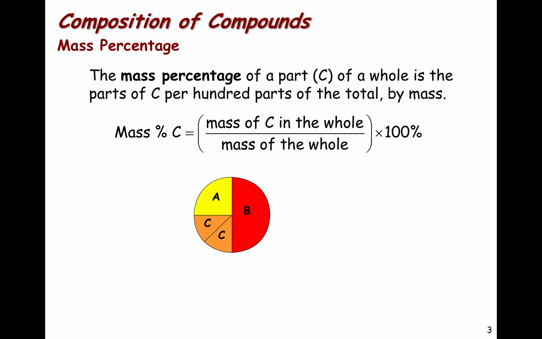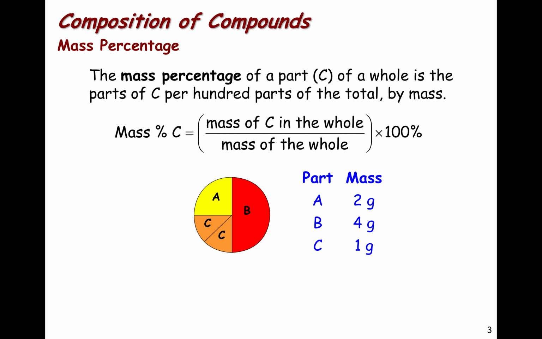As an example of this, we can figure out the percentage of a hypothetical element we can call C as a portion of the entire material that is comprised of two other elements such as A and B. The percentages are calculated using the percent equation.